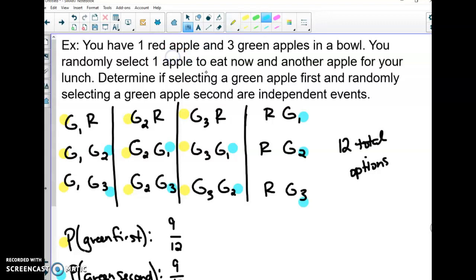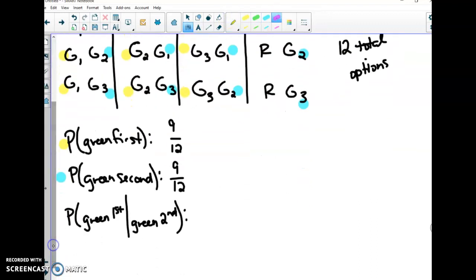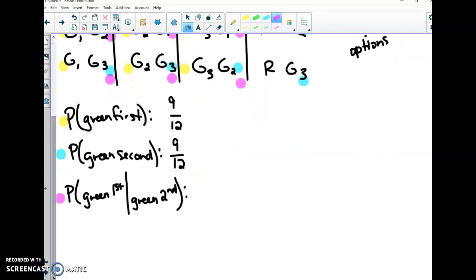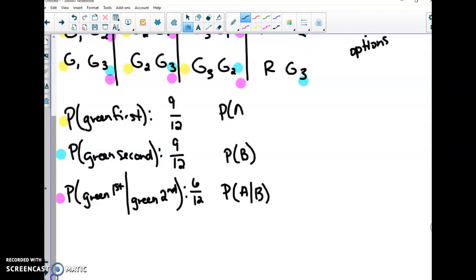So this is going to be a little bit different of a situation. So I've got 1, 2, 3, 4, 5, 6. Again, I can just physically count those. So this one represents P(A and B). This one's P(B), and this one's P(A).